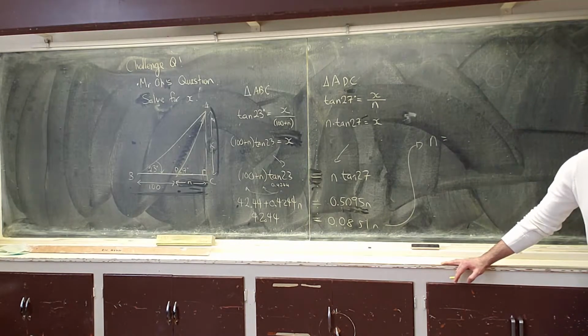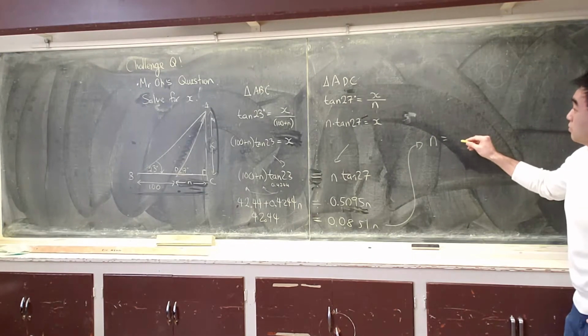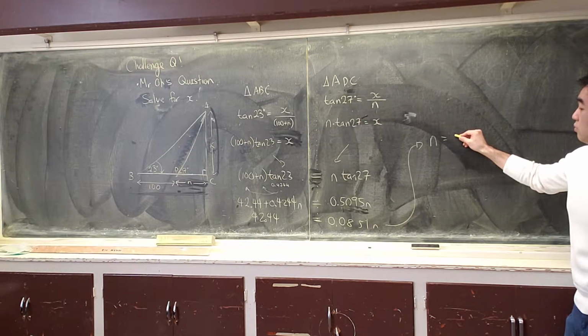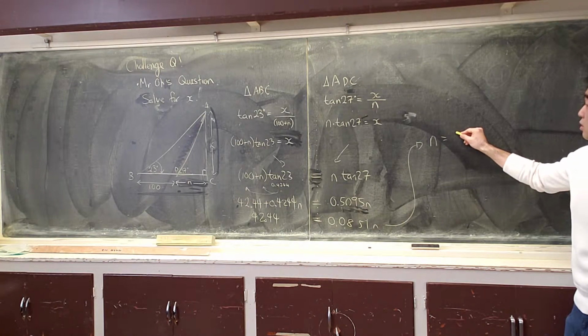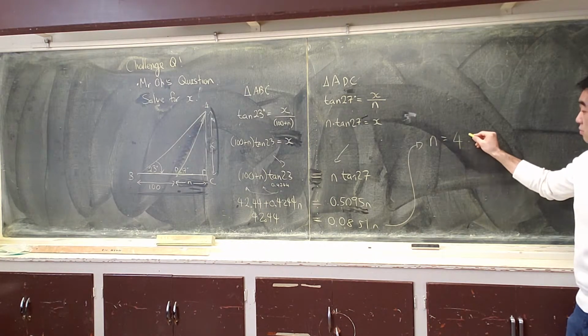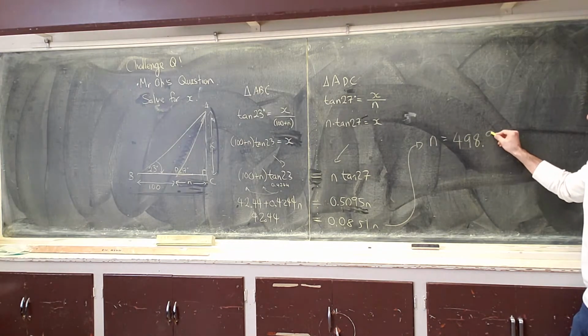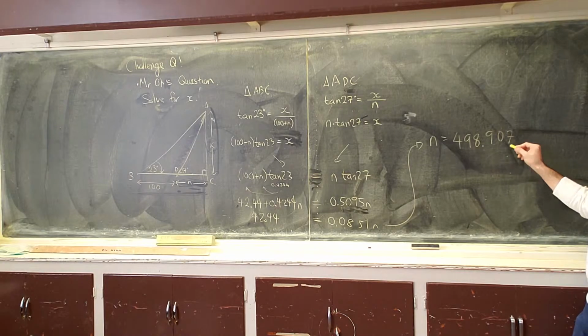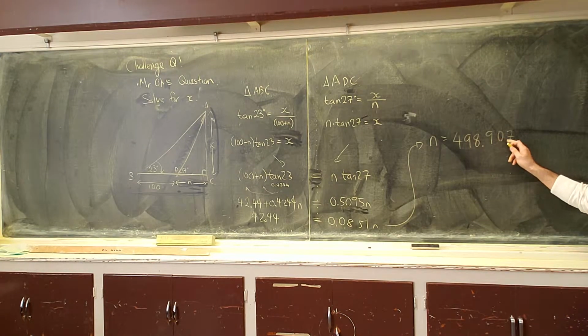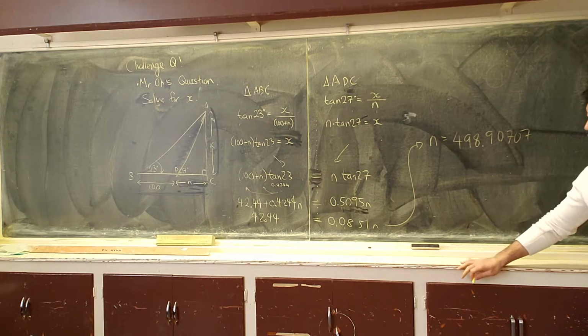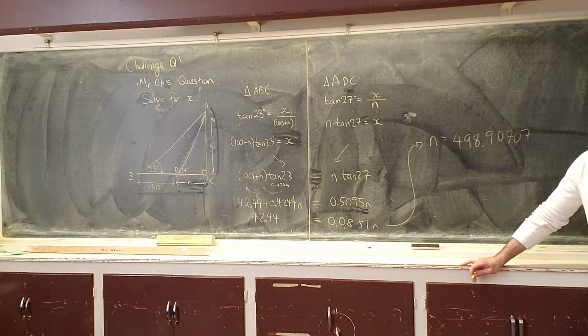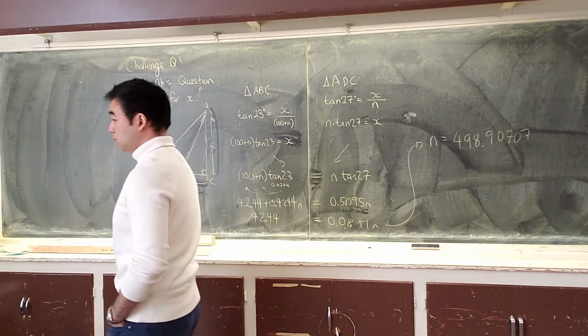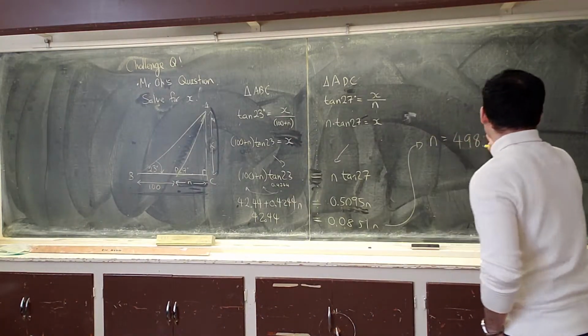It's 498.707. So what would you round that to? 498.707.